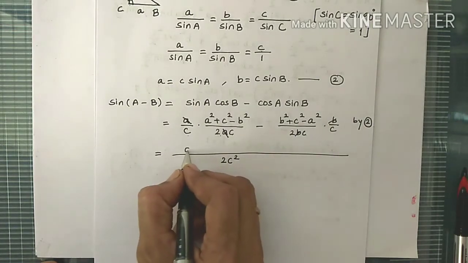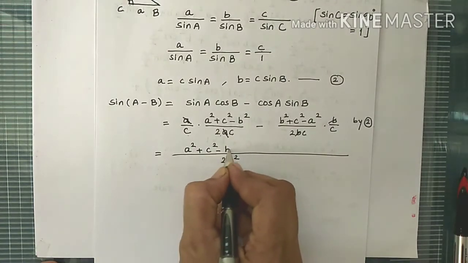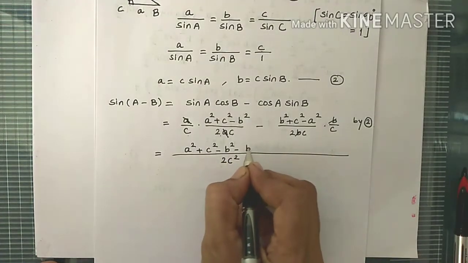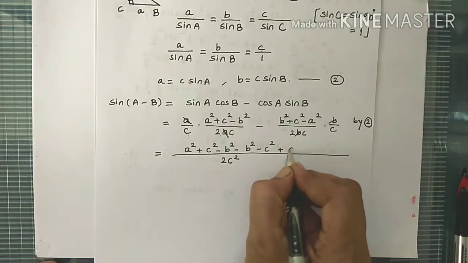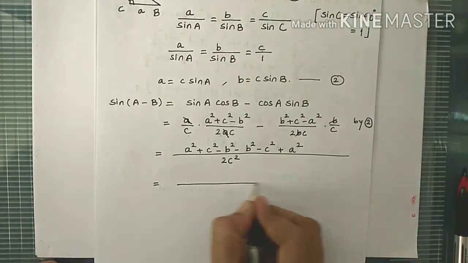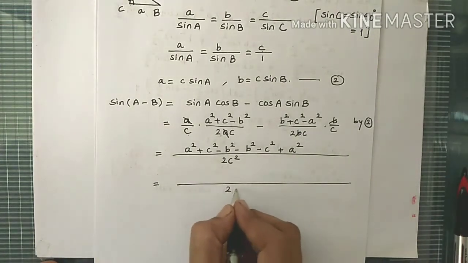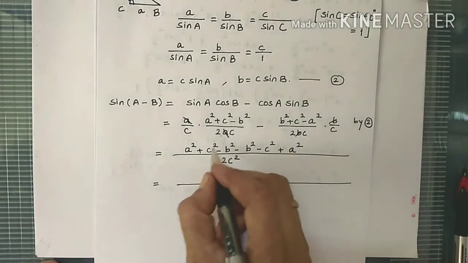Now the numerators. A square plus C square minus B square minus B square minus C square, and minus becomes plus A square. So that is equal to, denominator is 2C square as it is. Now the term which gets cancelled is C square.